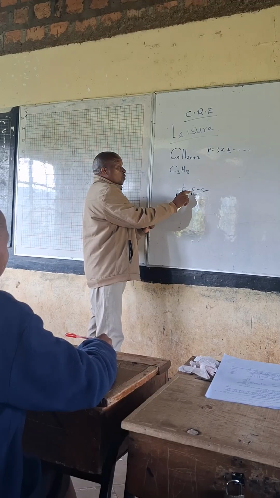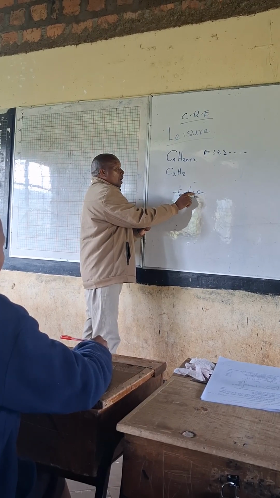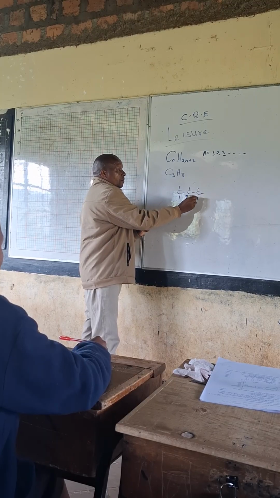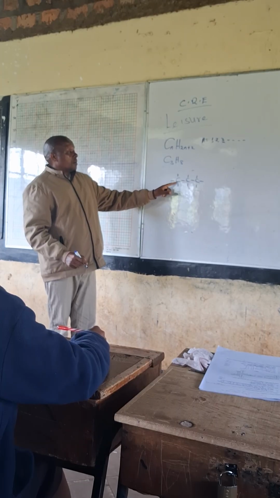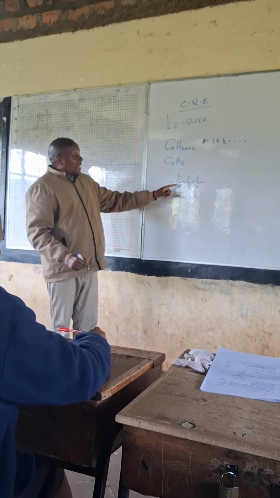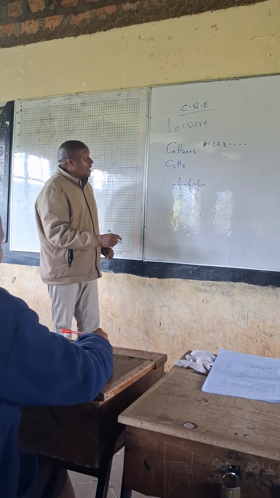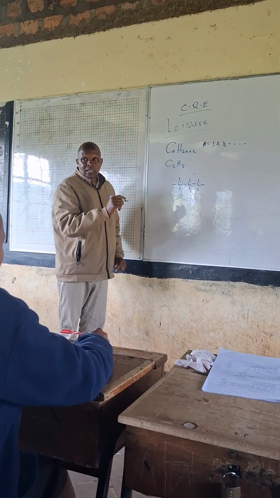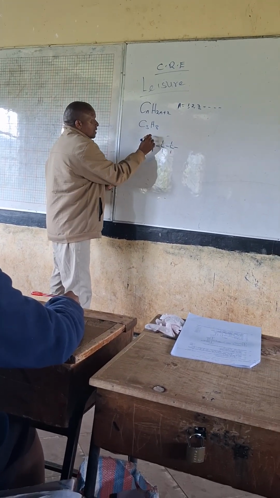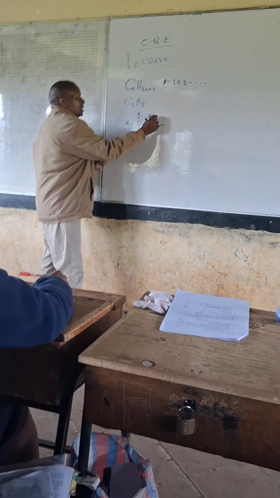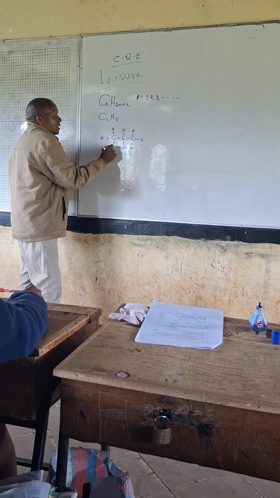This carbon, 1, 2, 3, 4. This other carbon, 1, 2, 3, 4. I hope you are keen enough to realize that the covalent bond has not touched the carbon atom. You also make sure that the covalent bond does not touch the hydrogen. So you write hydrogen eight times.